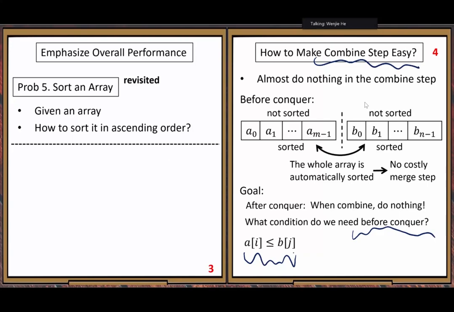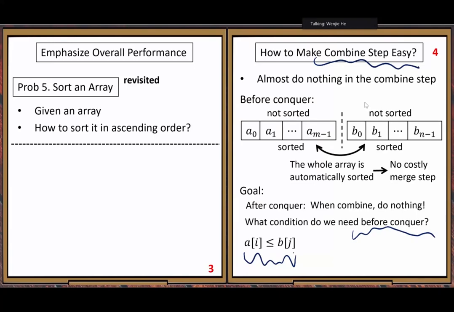Can we pick the maximum of the A subarray as A of I? That's one special case of A of I. Can we pick a special element in the B subarray? We pick the minimum of the B subarray.